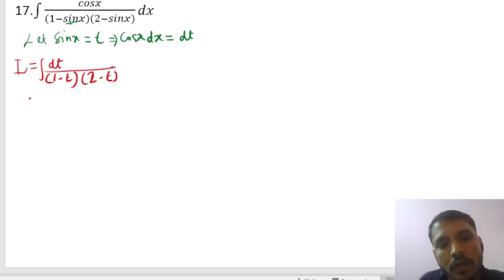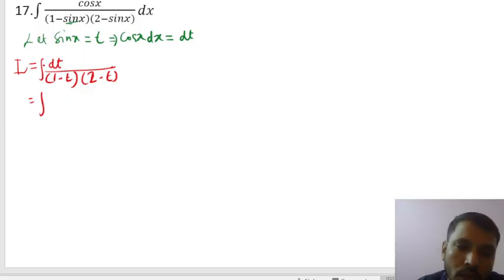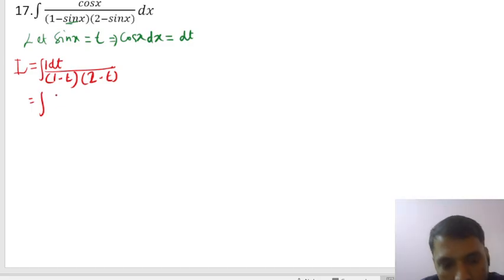Now here we can apply any method to simplify this. I can write it as (1 minus t) and (2 minus t). Because in the numerator it is just 1, can we do a rearrangement here?